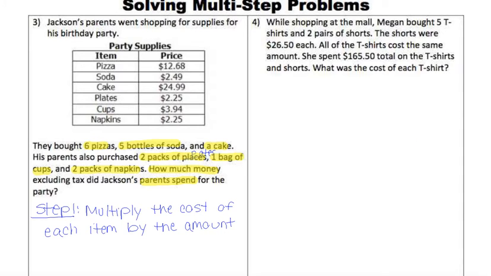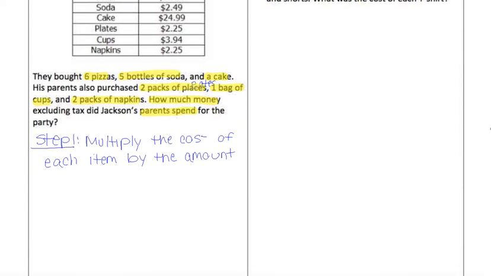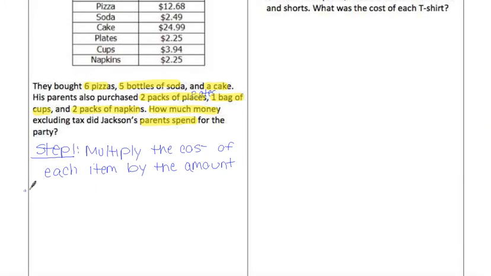So you're going to multiply the cost of each item by the amount. So let's start with the pizza. So pizzas, and how many did we get? We got 6 pizzas times the amount, which was $12.68. And if I multiply those together, I get $67.08.